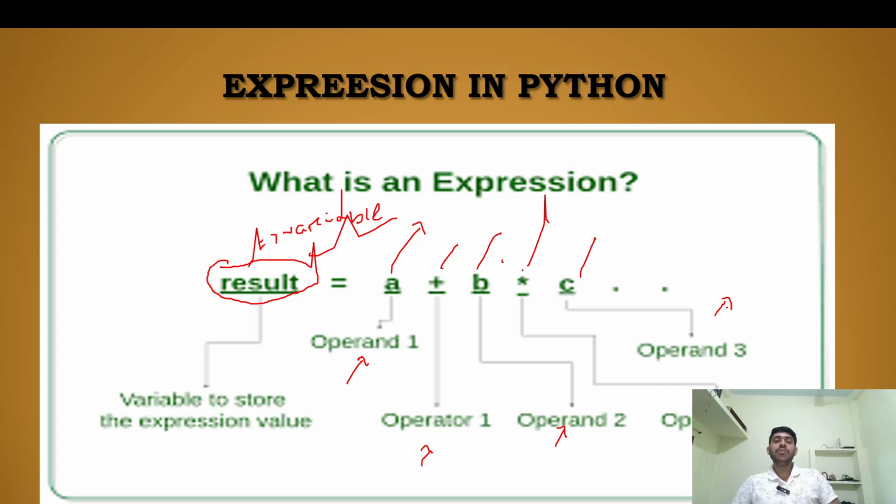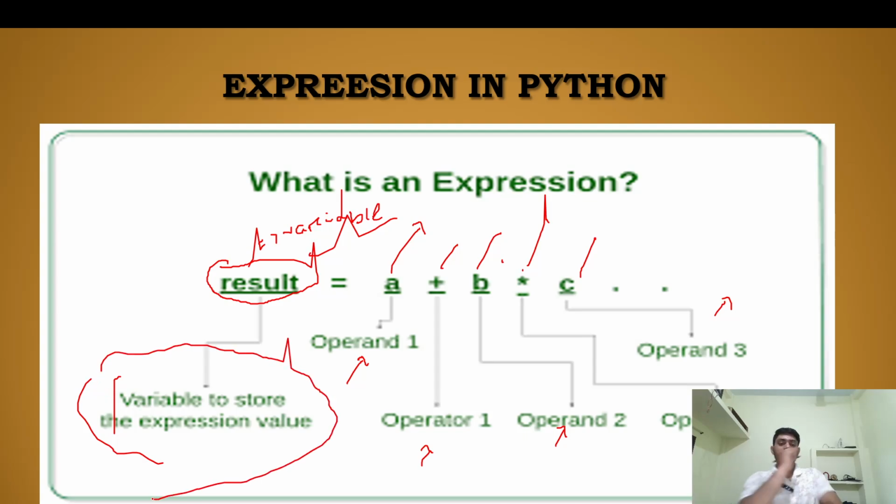That is the main objective of an expression: to solve statements that contain both operands and operators and finally get one result. That is the main use of an expression. Is my point clear, everyone? So now we'll see how we are going to solve different types of expressions. Let's see.